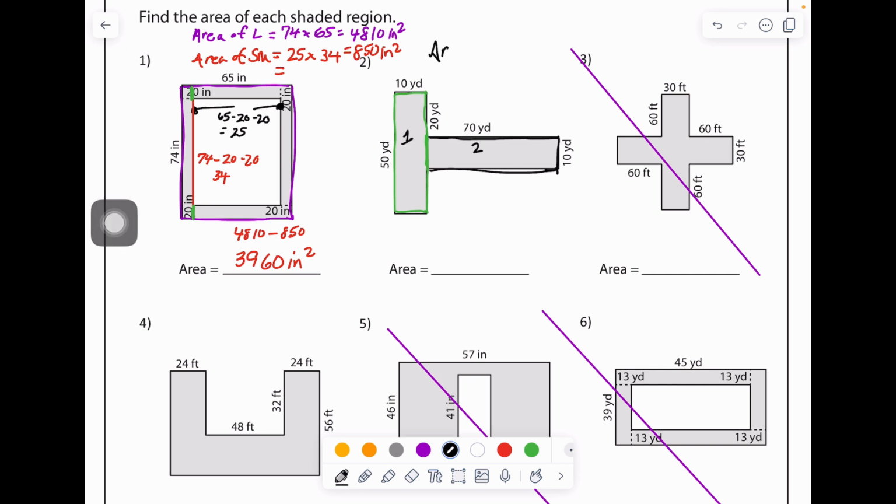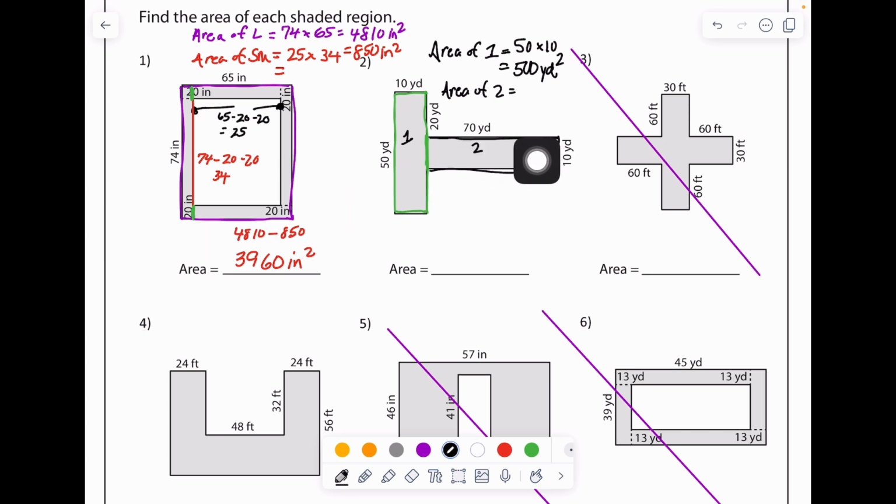So area of 1. The dimensions are 10 across, 50 long. So 10 by 50, that's 500 square yards. For area of 2, that's this rectangle that's going across.